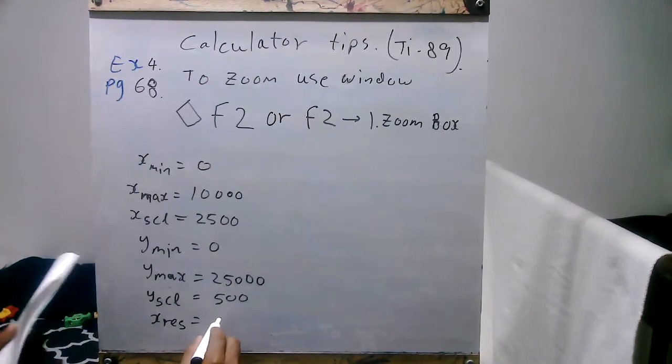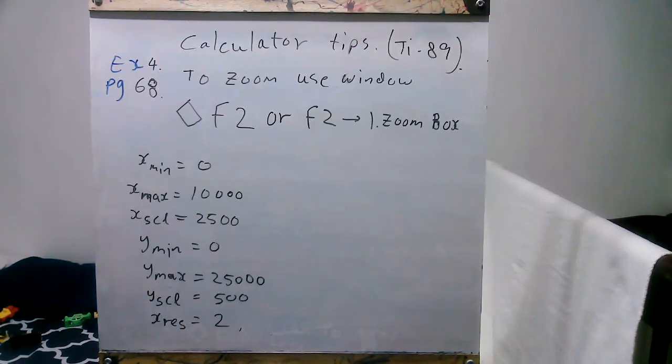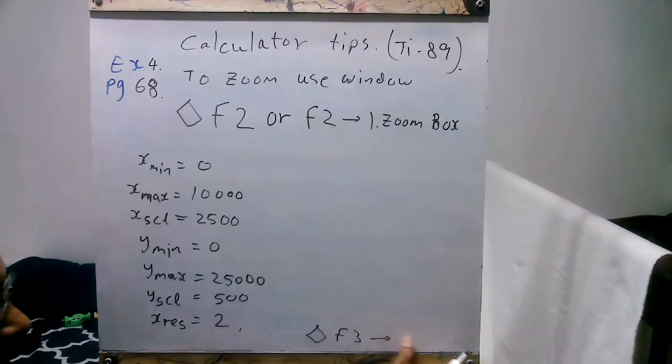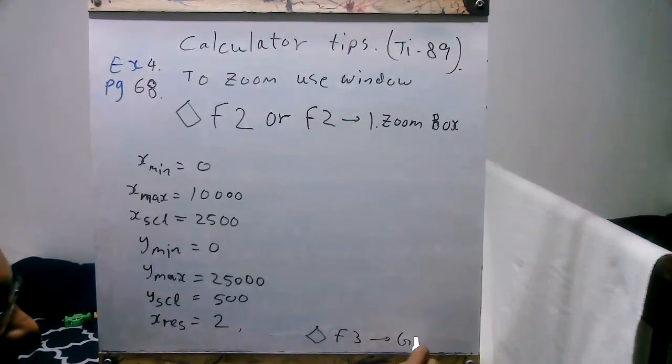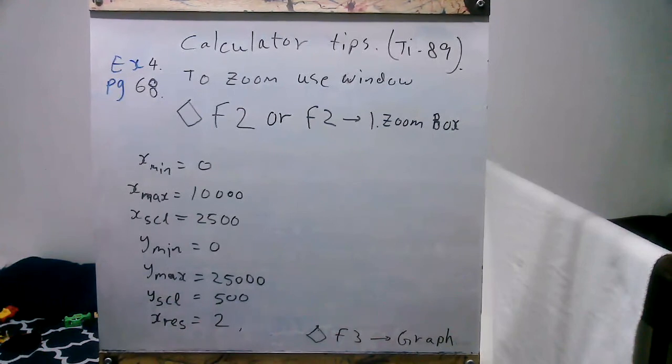It doesn't matter actually, leave it. Now set these values, and after that graph it again using green diamond and F3.